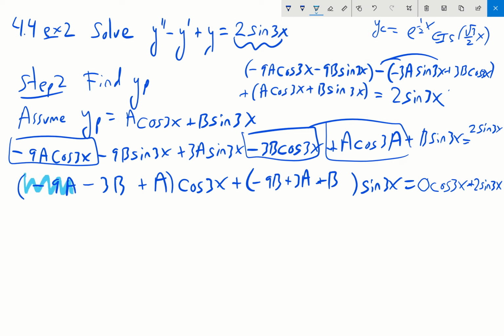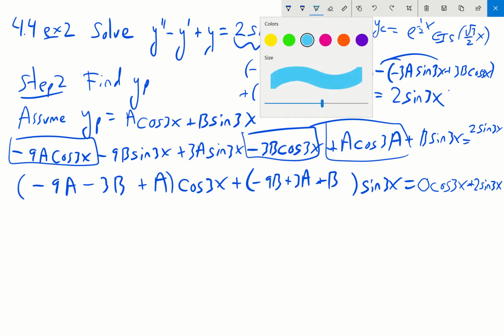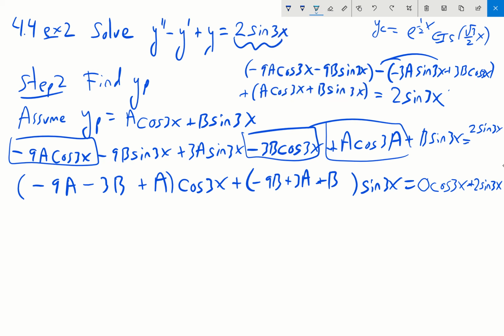Which means that this coefficient here has to match this coefficient here. Actually, I could have done a little bit more: negative 9a plus a, let's do that, because it'll make it work a little easier. That's negative 8a minus 3b, times cosine of 3x, and we could have combined some here too.